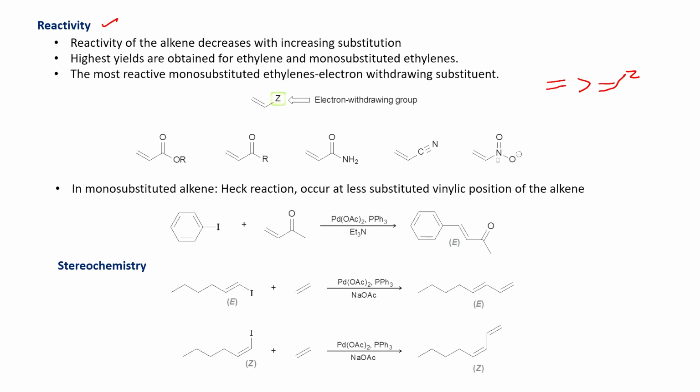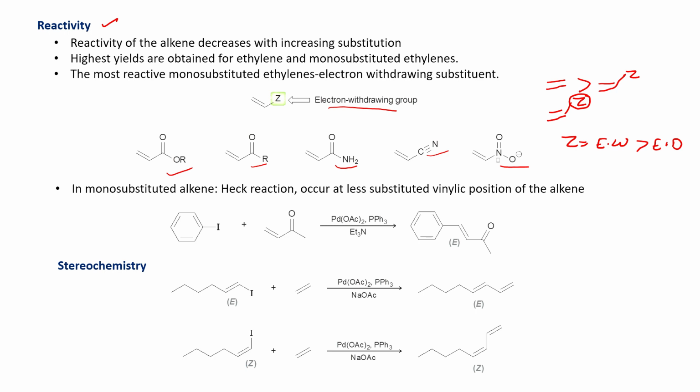And whenever we talk about substitution, this Z, if it is an electron withdrawing group, the reactivity is enhanced and the yield of product increases compared to electron donating group. So your electron withdrawing group can be ester, ketone, amide, nitrile and nitro.